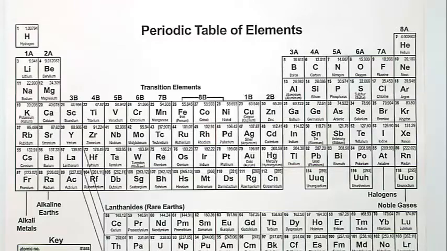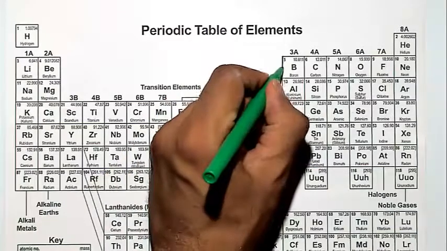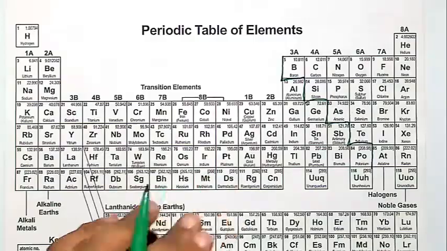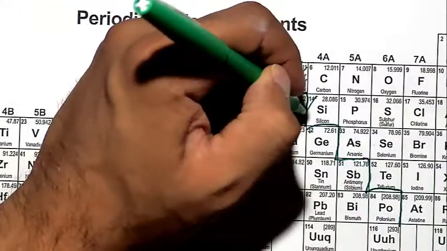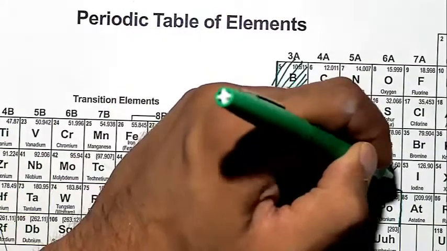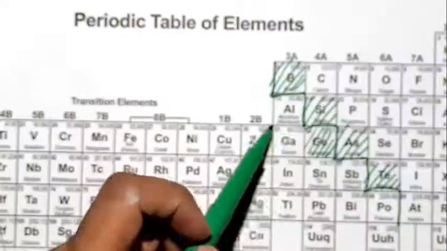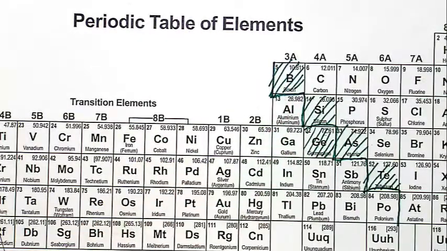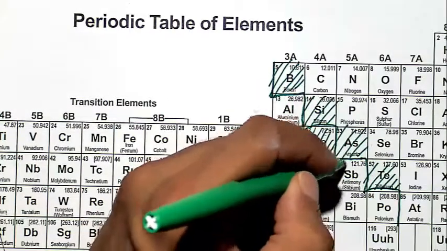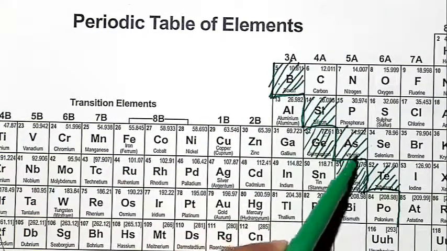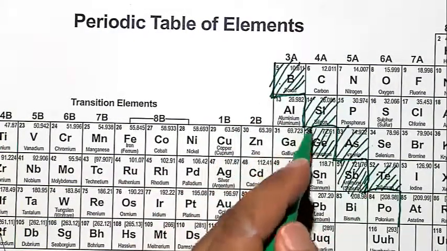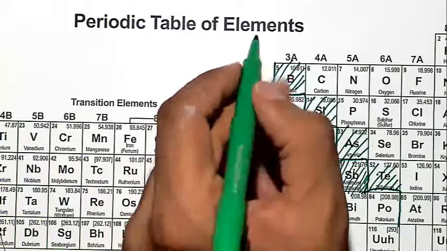You can actually draw a line here, and I'm going to label these elements boron, silicon, arsenic, tellurium, and also germanium. These are elements that are touching that staircase. Antimony, these 1, 2, 3, 4, 5, 6, 7 along this staircase are called metalloids.